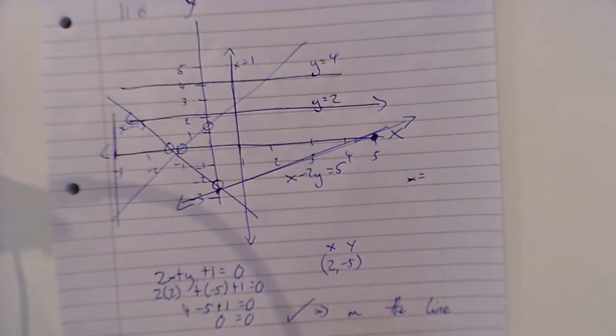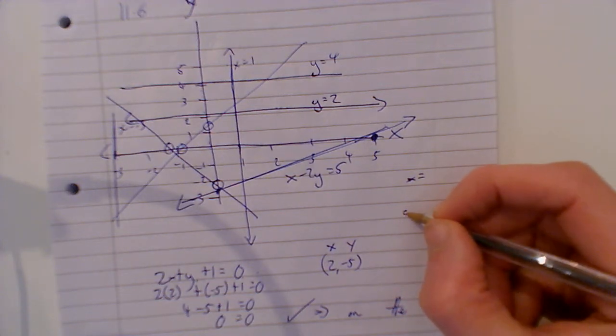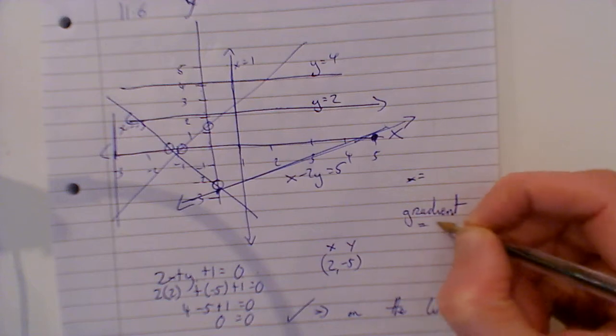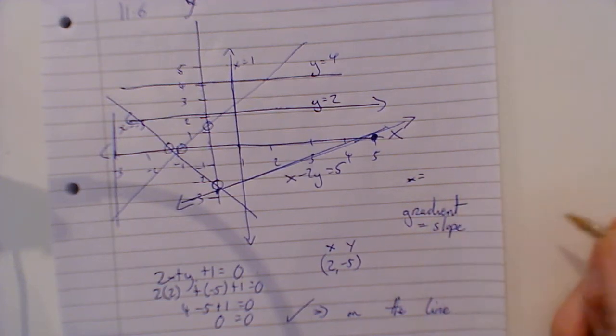Now, one other thing that you need to know, and then everything else should fall into place. Gradient. Gradient means slope. The gradient of the hill is the slope of the hill. So then you just go y equals and find the number before the x. Hopefully that makes sense. Hopefully you understand that, and hopefully there won't be any problems with the homework.